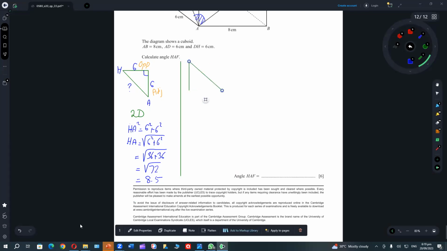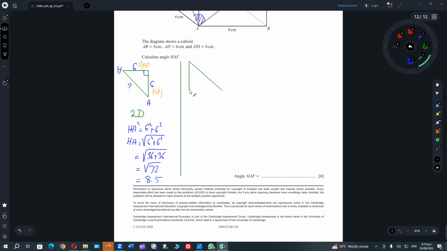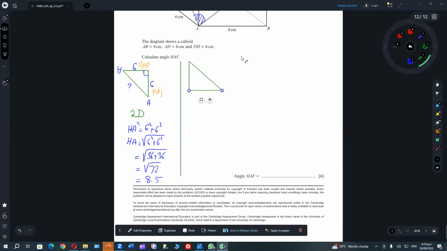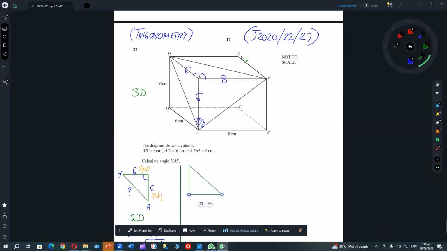This is the second triangle, and I'm taking HEF.